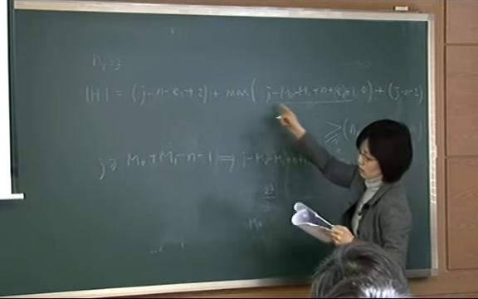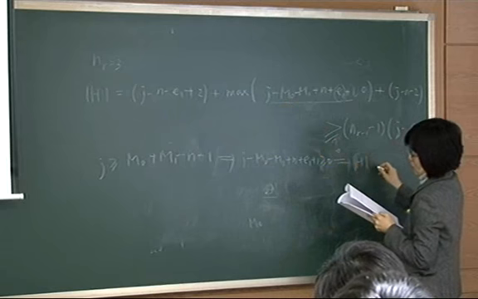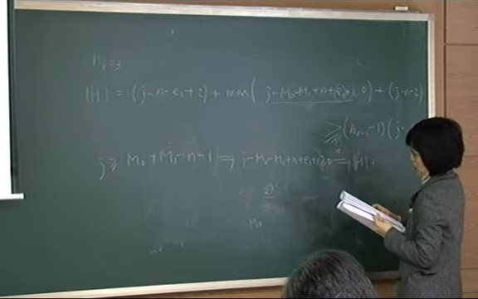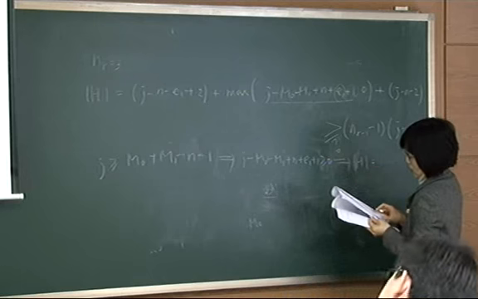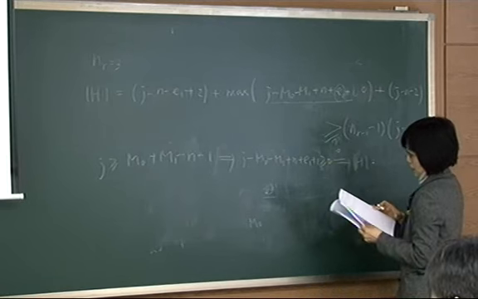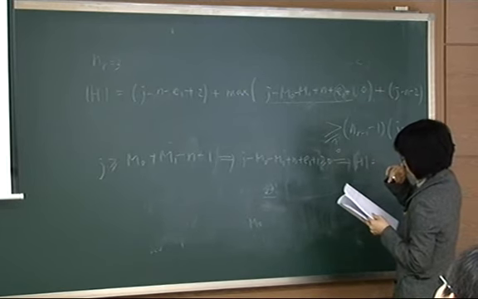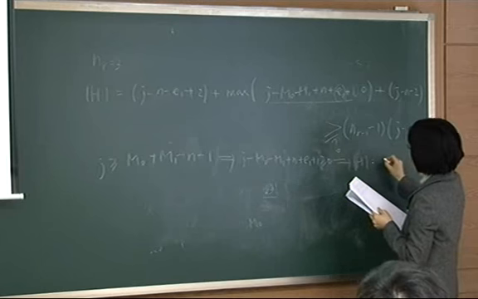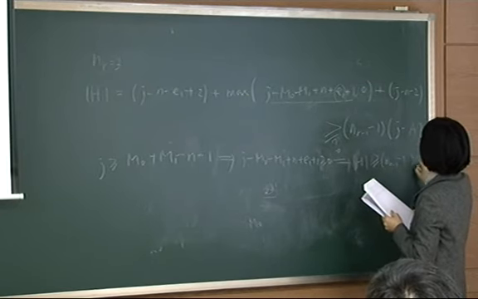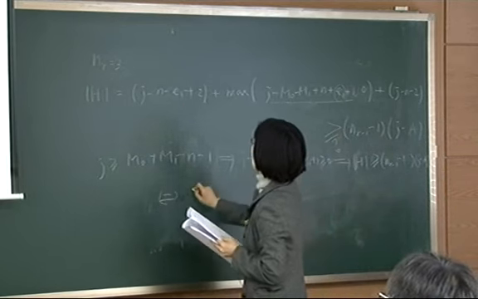So then H is bigger than j minus a if and only if this one.